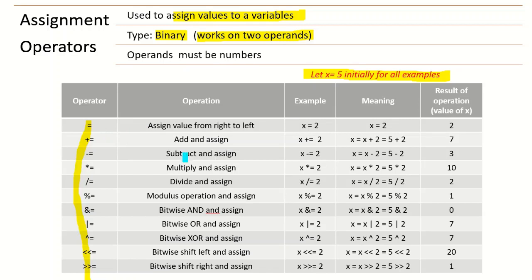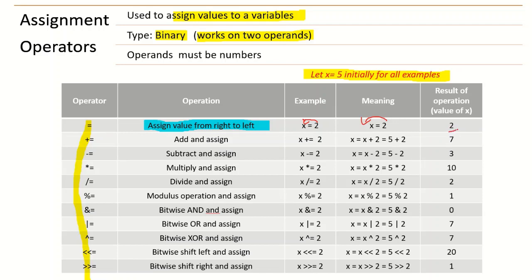First one is equal to, which is the equal to operator, it assigns the value from right to left. That means in these examples 2 is assigned to the variable x. The meaning is written here, x is equal to 2. That means 2 is assigned to x.